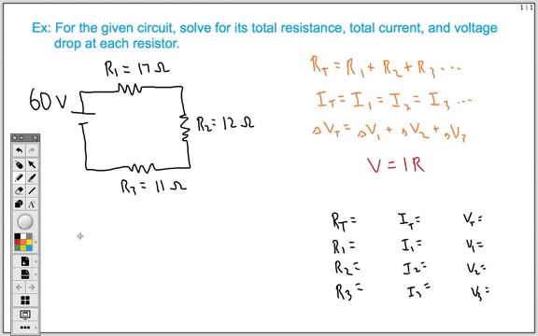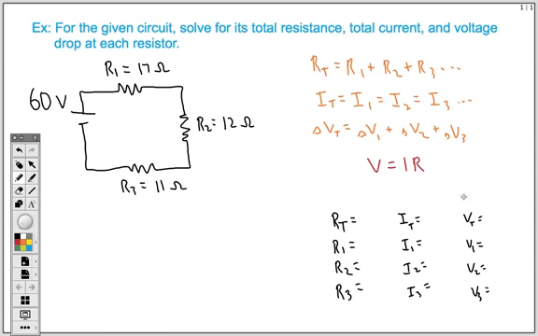With that being said, let's take a look at our diagram. We have some given information already. We see that we're working with a 60-volt battery, and we have information for each of our three resistors. One of the things I teach my students is we should always write down the given information that we have.